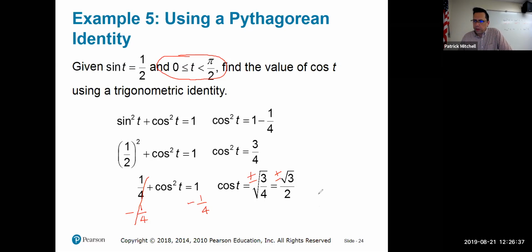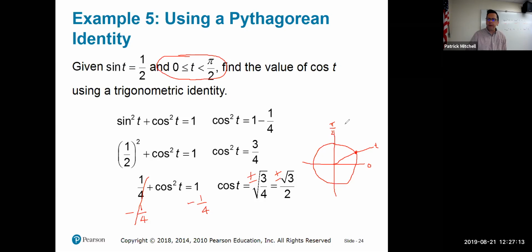And when t is between 0 and pi over 2, t is in the first quadrant, isn't it? So here is 0. Here is pi over 2. So that means t is in here somewhere. Okay. And remember, x and y are the coordinates of this point.